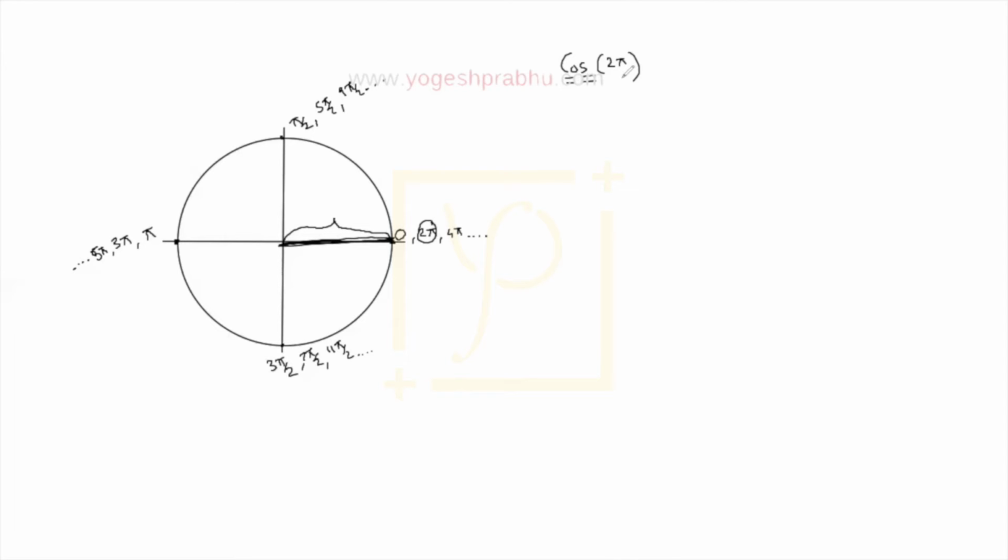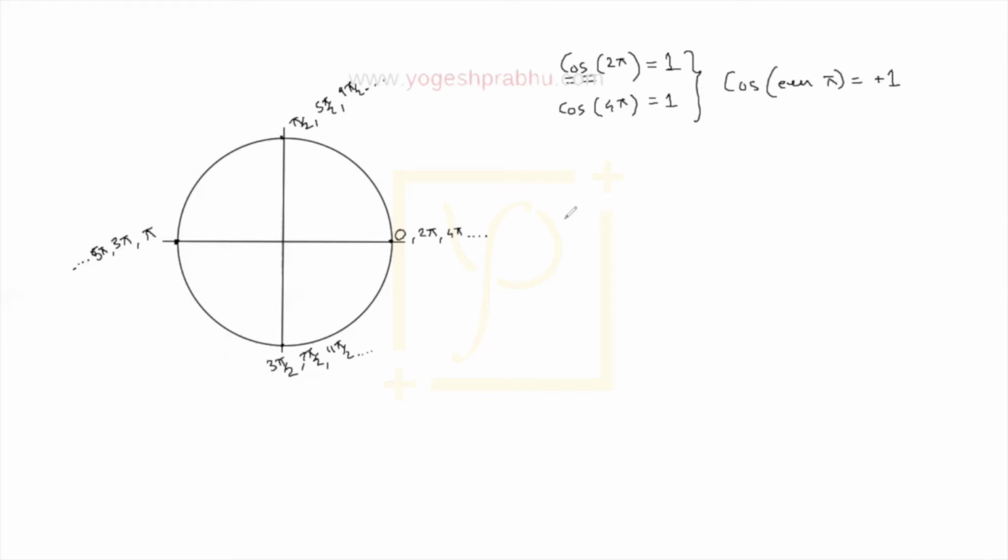So cos of 2 pi is going to be 1. I hope you get the first one. Now what is going to be cos of 4 pi? Cos 4 pi is also 1. I can keep going like that: cos 6 pi, cos 8 pi, all the values are 1. So the conclusion is cos of even pi is plus 1.